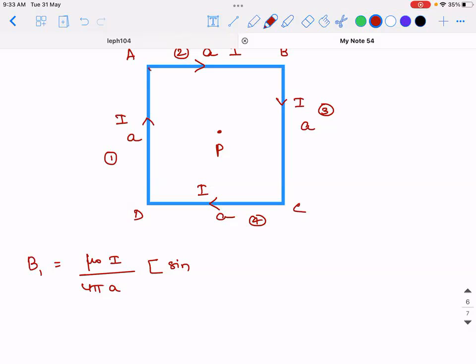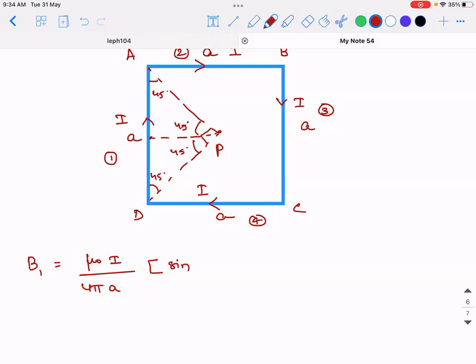Because if you join from here, if these two are 45, then if I draw a line from here, this 90 is going to get divided into two 45s. So tell me one thing, this is also 45, and the angle at the center is also 45.